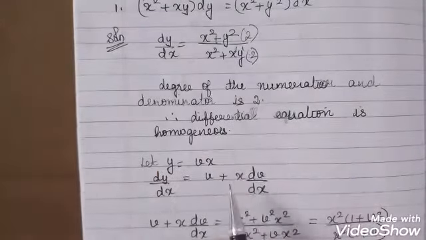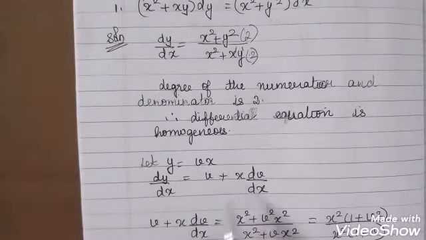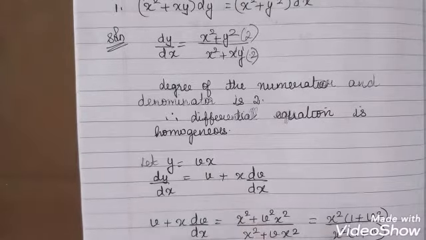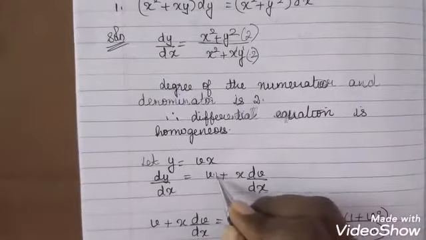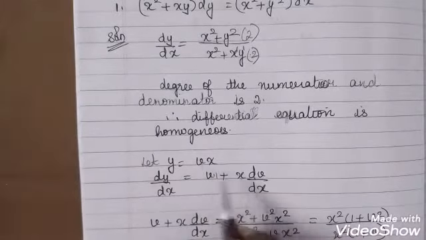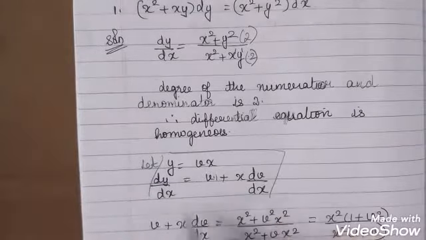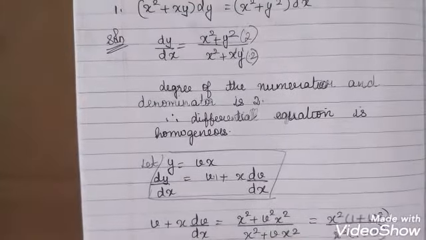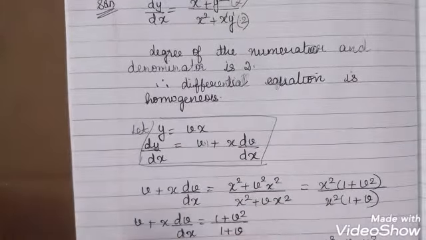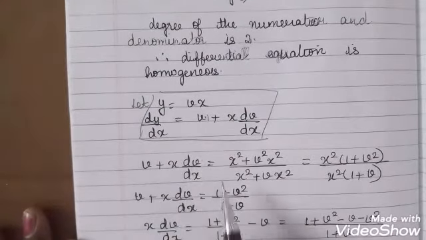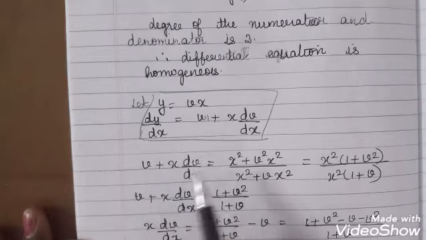When I differentiate y equals vx using the product rule, it's v into 1 plus x into dv by dx. These are the standard things we will be using throughout this exercise. So substitute it, and you will get v plus x into dv by dx is equal to, what is the value of x squared?